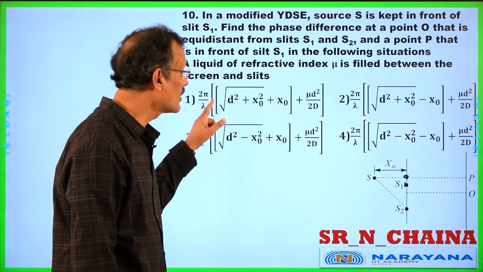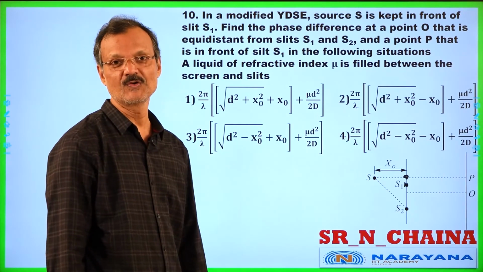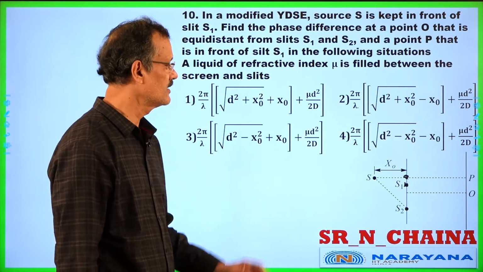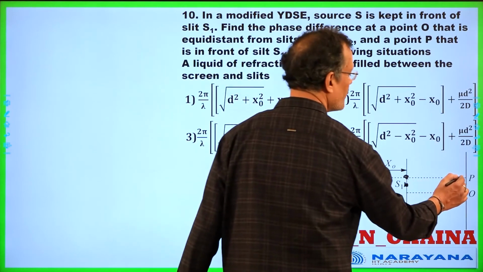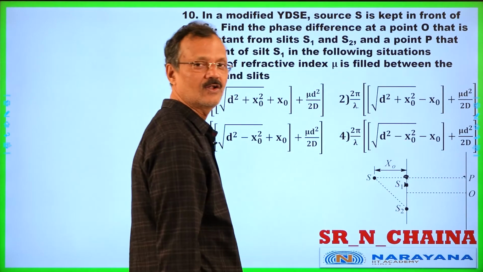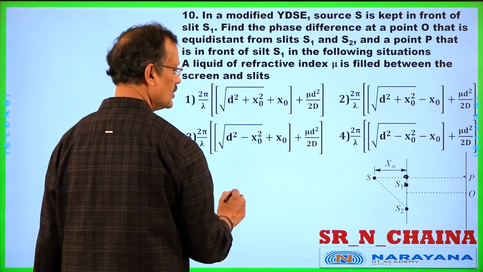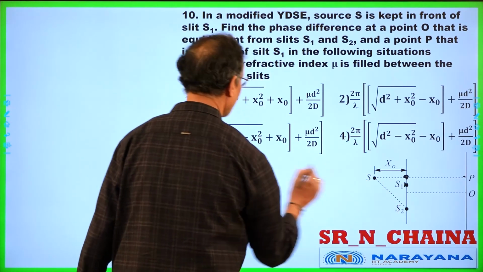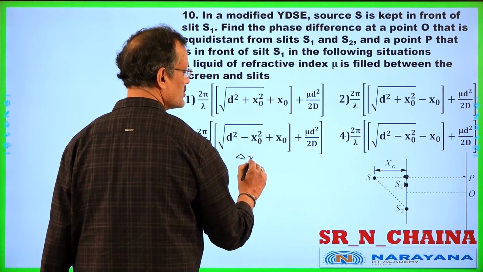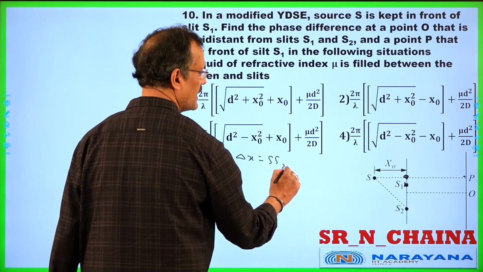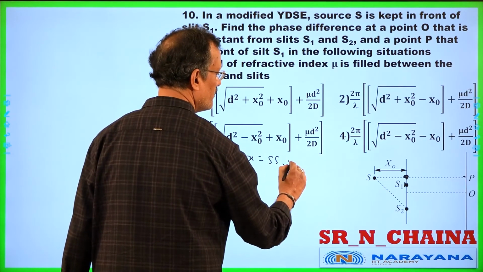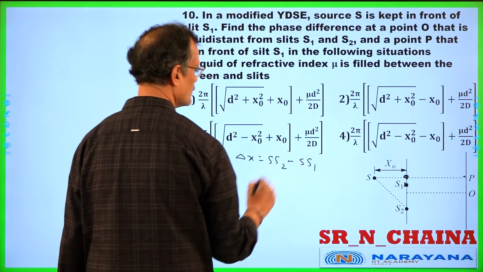It means that whatever alternatives they have given you are only for the phase difference at point P. Right now, the first I want, so it will become, this one is traveling how much difference? Path difference you go: SS2 minus SS1.